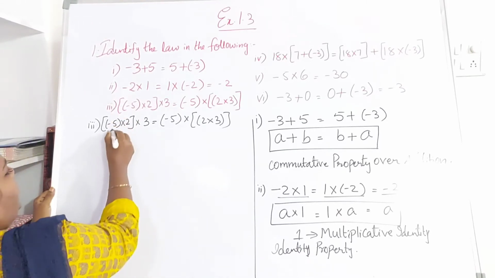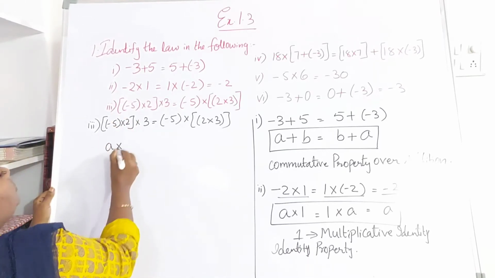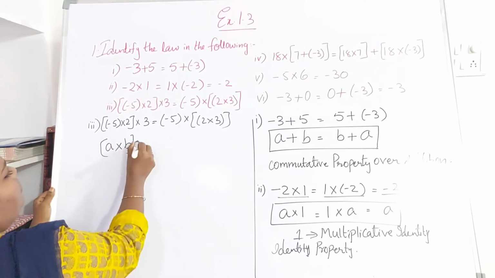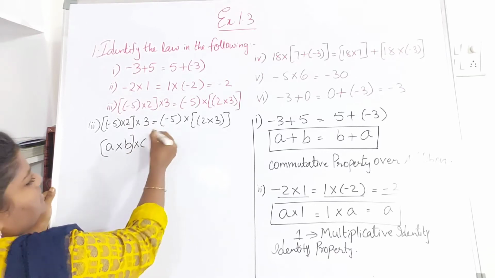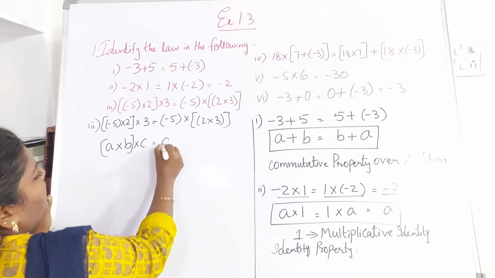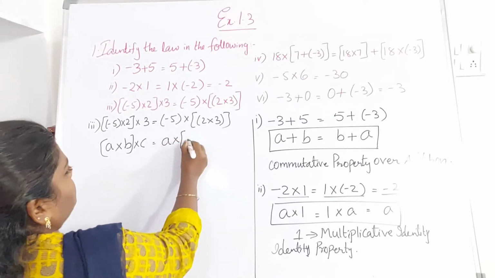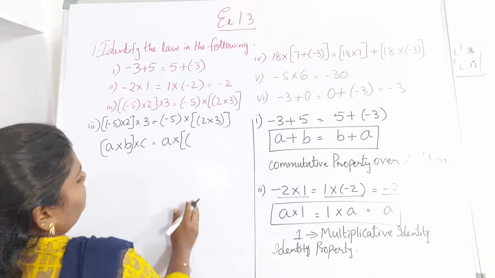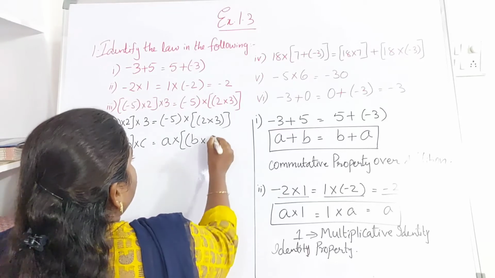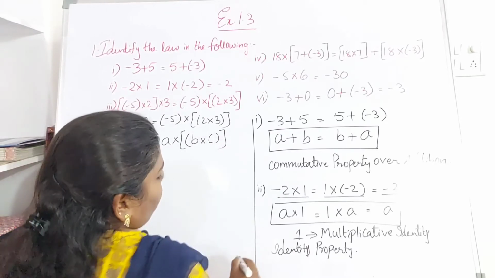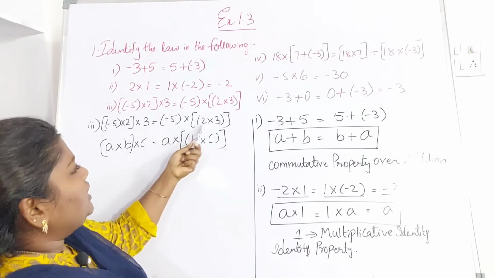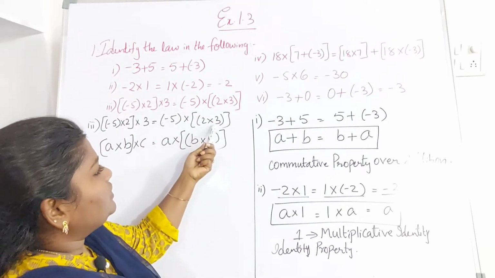So I will take minus 5 as A into 2 as B into, and the third one is C. Same is applicable to the RHS, that is in place of minus 5 A into, in place of 2 I am taking B into, in place of 3 C. So the same is applicable over here, in place of minus 5 A, in 2 I have taken B, in place of 3 I have taken C.